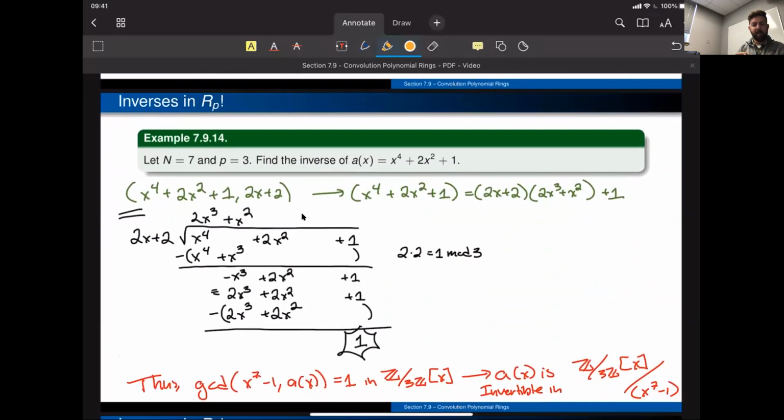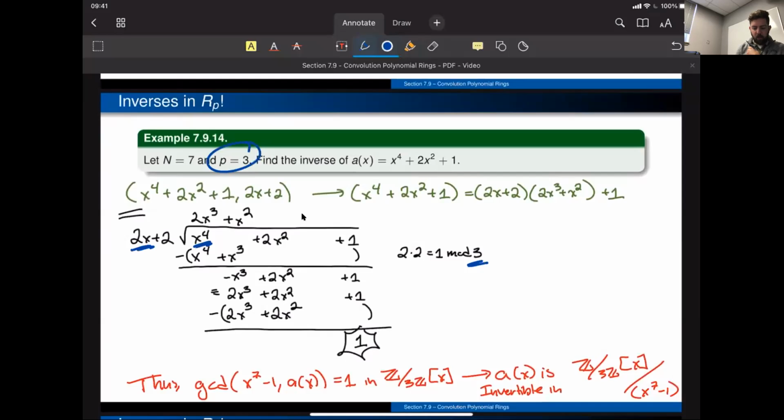Which we can see, in fact, does work. There is a little bit of comment to be made in the very first step of this one, because you have this x to the fourth, and you want to know what you can do to get that 2x into it. It's kind of awkward because there's not a coefficient in front of the x to the fourth. So here's where you're going to have to remember that 2 times 2 kicks out a 1 modulo 3, because my p is a 3.